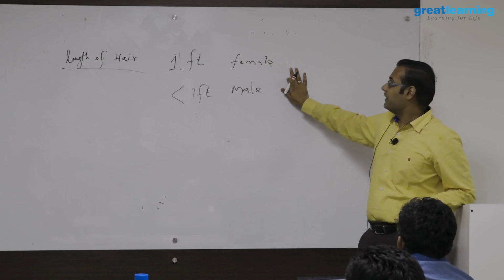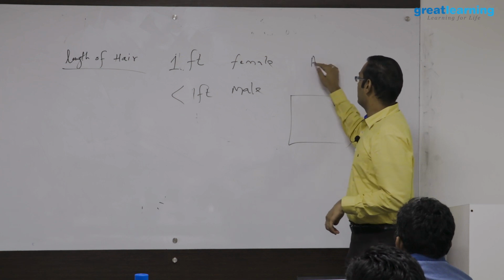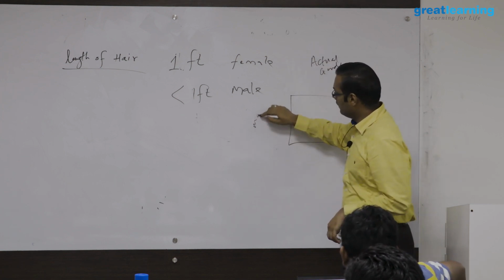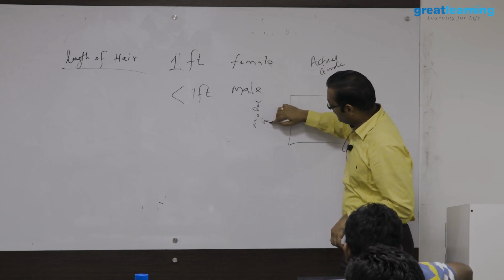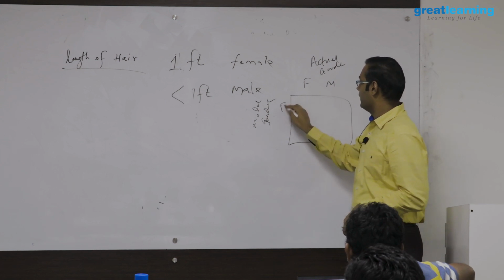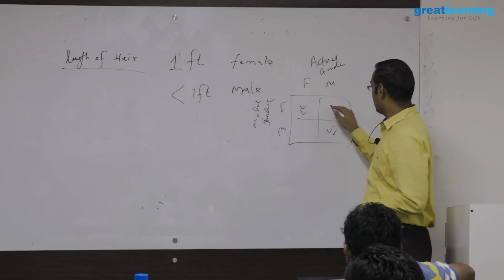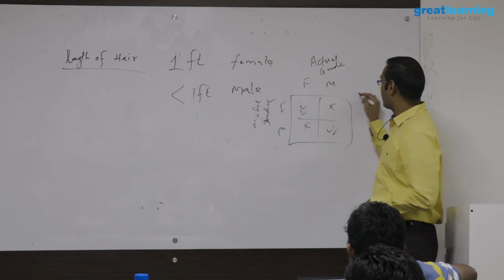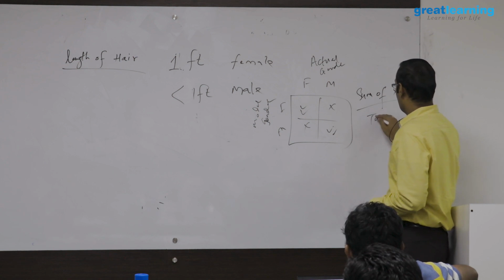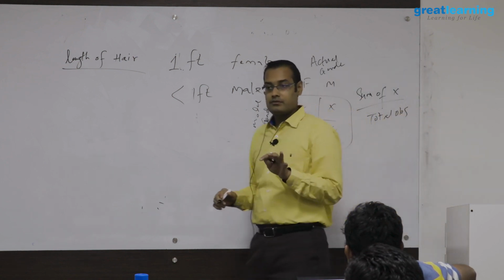No. So if I classify based on this, then actual gender and model gender: female, male, female, male. This is a correct prediction, this is a correct prediction. These are wrong predictions. Sum of wrongs divided by total observations is accuracy.